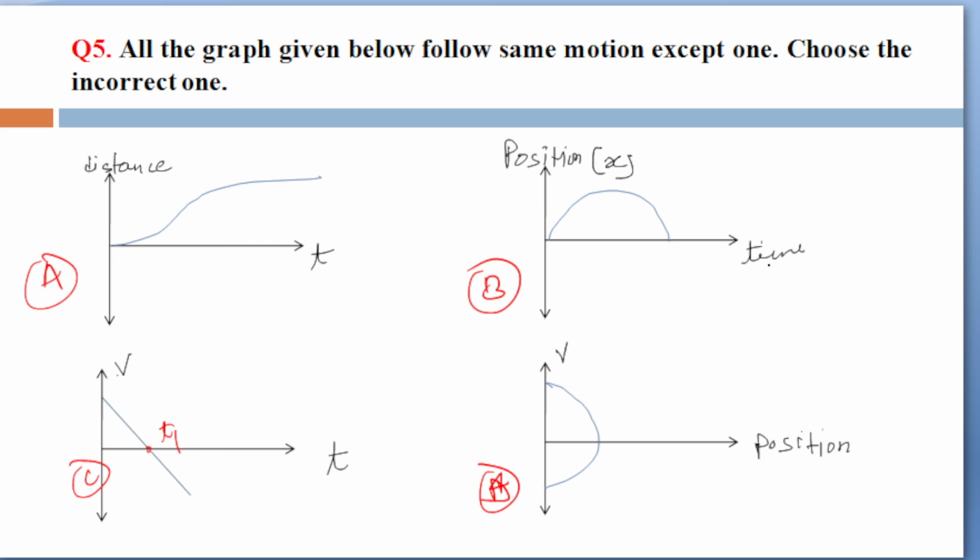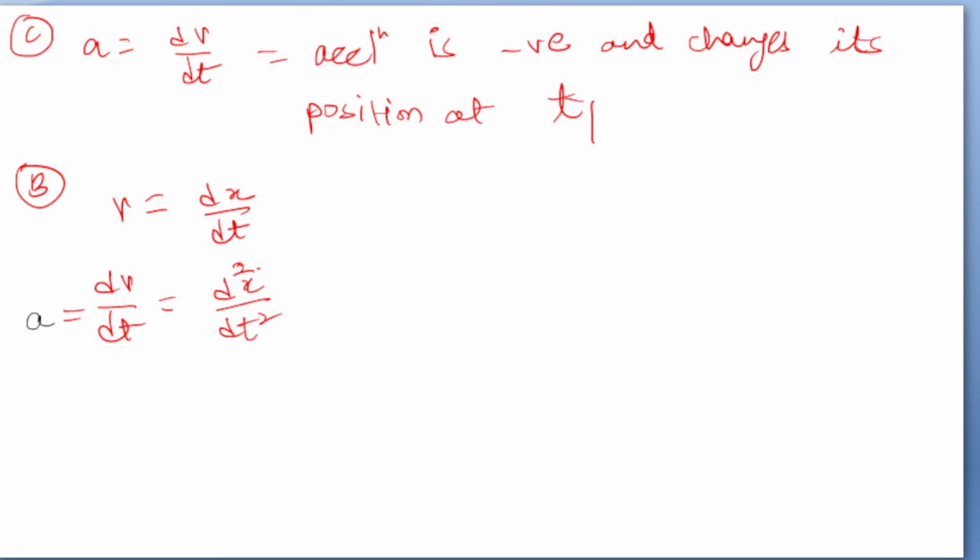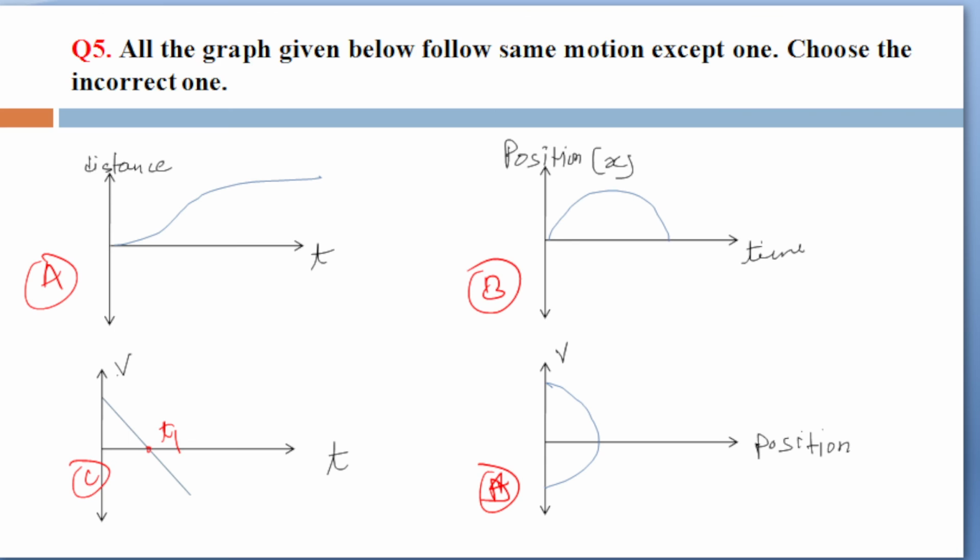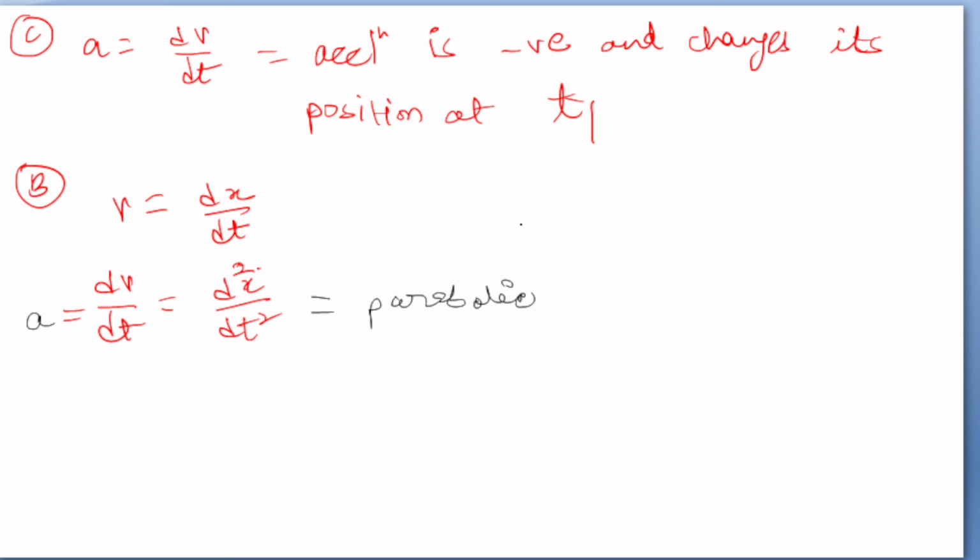In the position versus time curve, the acceleration is parabolic, and in the question it is also parabolic, and it changes its position on reaching the maximum value, and then it is decreasing. So this parabolic shape shows the negative acceleration.